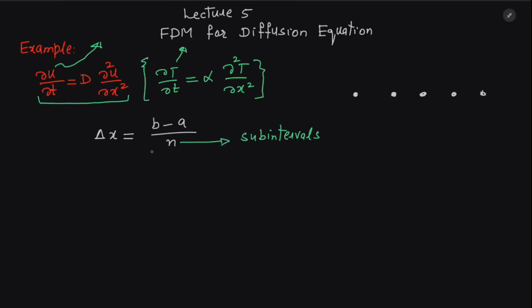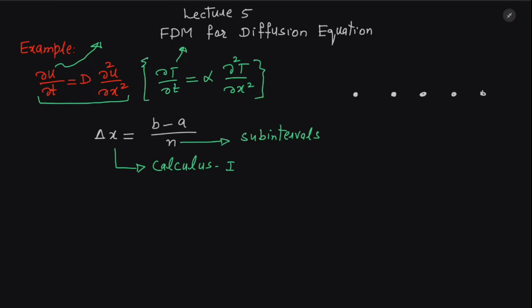Actually, this idea of finding the width between 2 points is coming from calculus 1 when we study Riemann sums. And there we discuss what n is. n is the number of subintervals in that case.